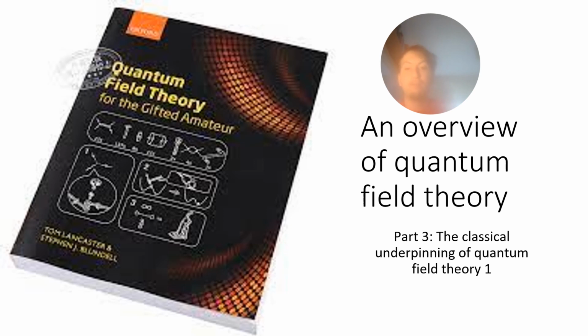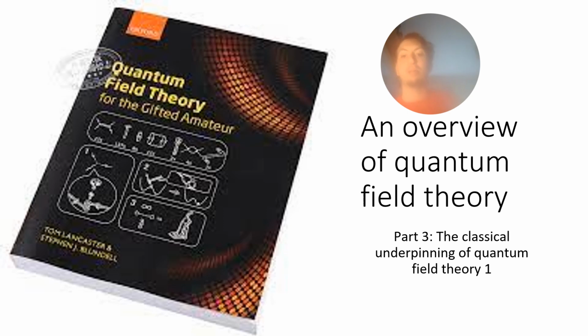part 3 of this overview, which is going to be the first part of the classical underpinning of quantum field theory, where we could be building on parts 1 and 2. So you could think of today's part as part 3A, if you like, and another day's part as 3B.